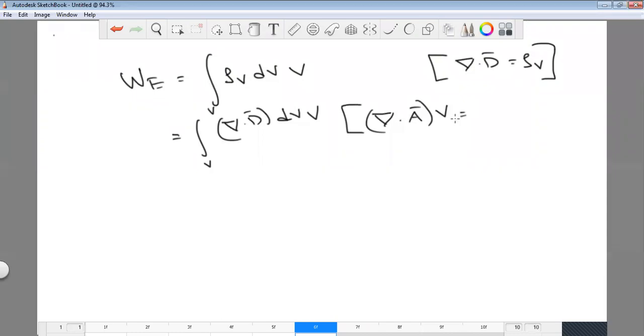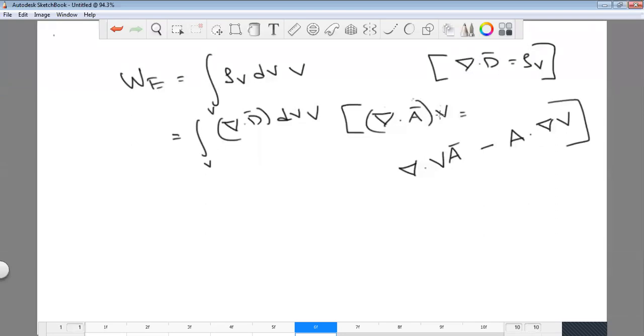So del dot A times V can be rewritten as del dot (V A bar) minus A bar dot del V. What about V here? V is the scalar, and del and A are vectors.